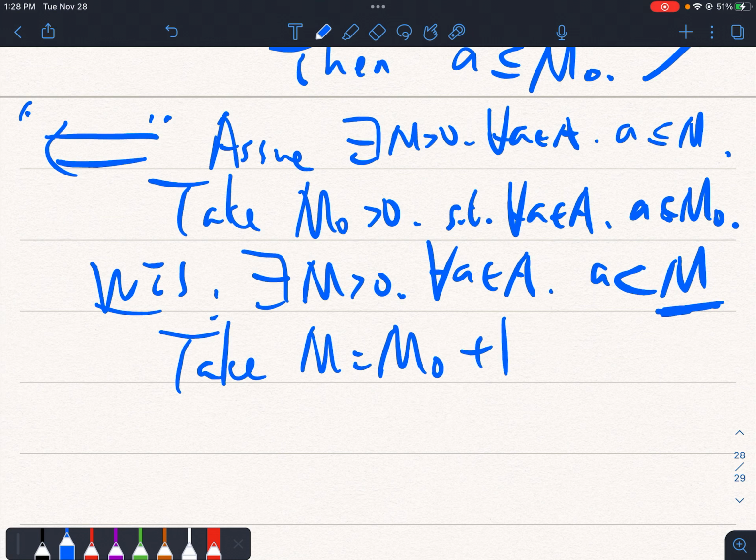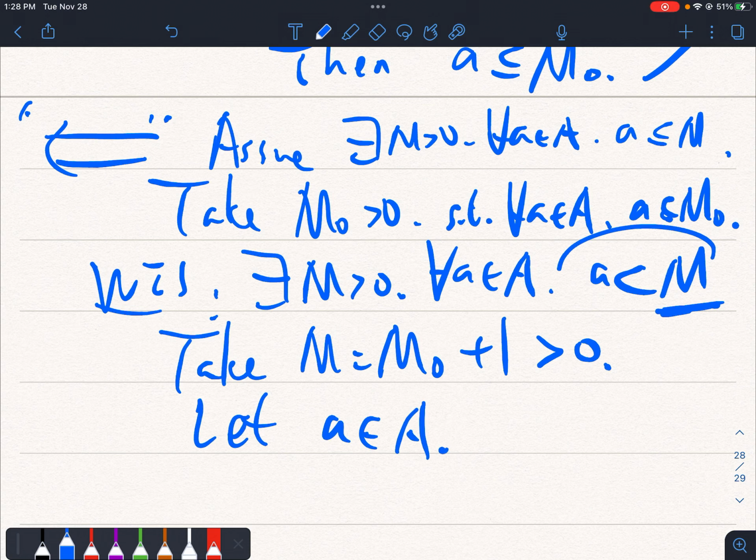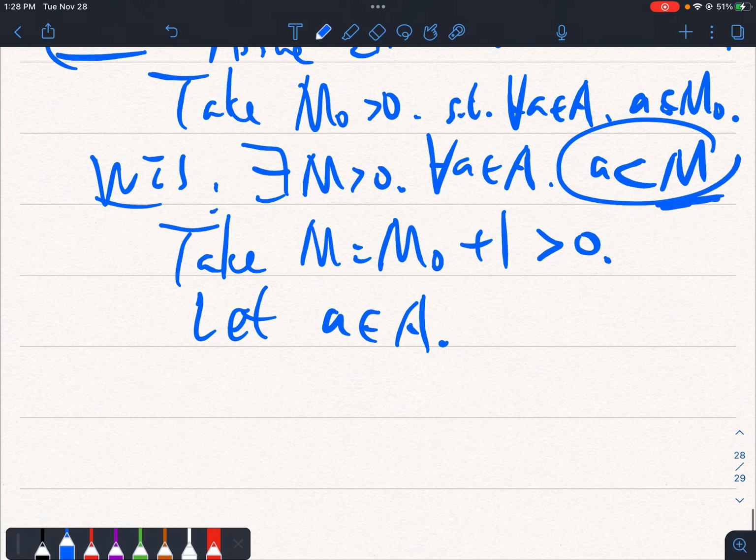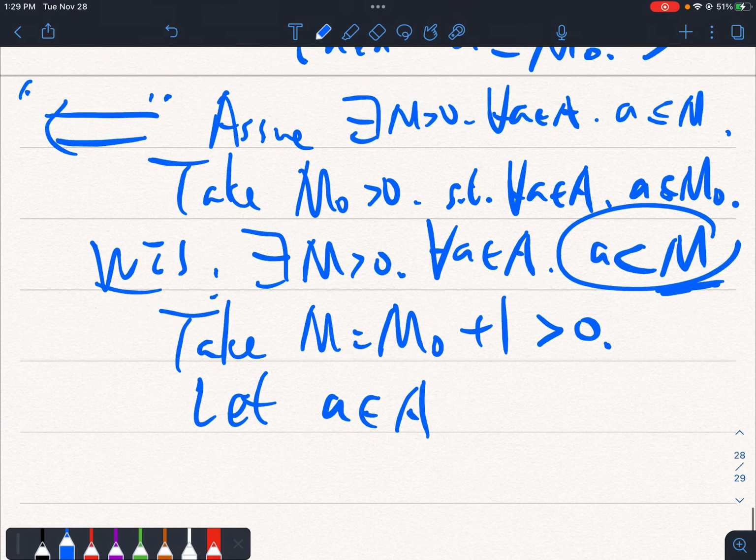So we take m to be m naught plus 1, which is, because m naught is positive, also positive for sure. And then we just let any a in A, and then we want to show that this is true. But because a is in A, and then by this assumption, let's call it star, you can say by star, a in A will imply that a is less than or equal to m naught, which is less than m naught plus 1, which is equal to m.